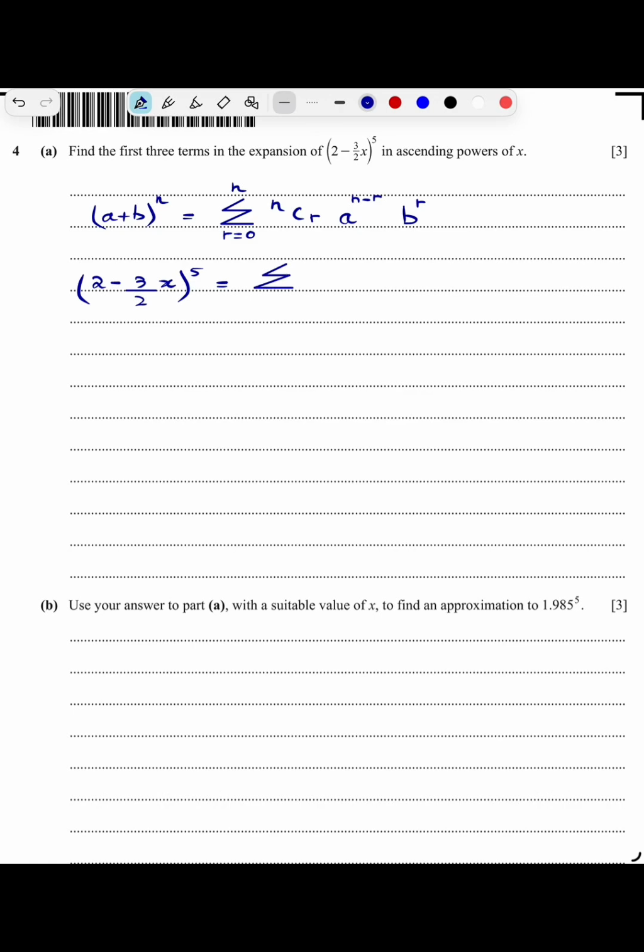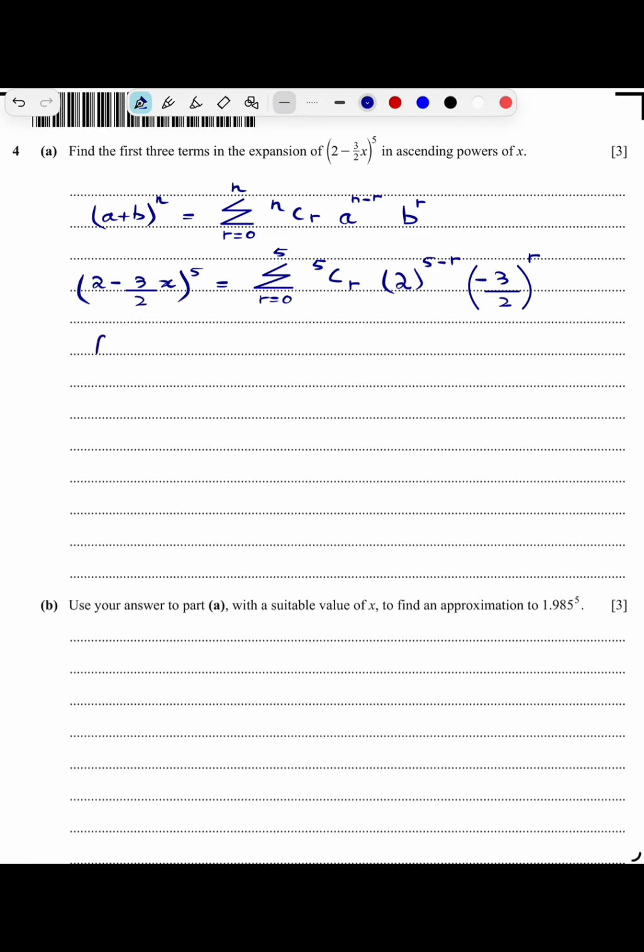So we have a summation r from 0 till 5 of 5Cr, and we have 2 power 5 minus r and minus 3 over 2x to the power r. Okay, so we need just the first 3 terms.